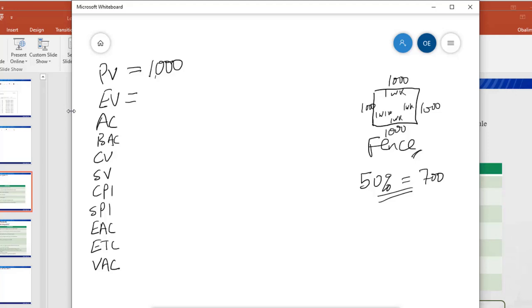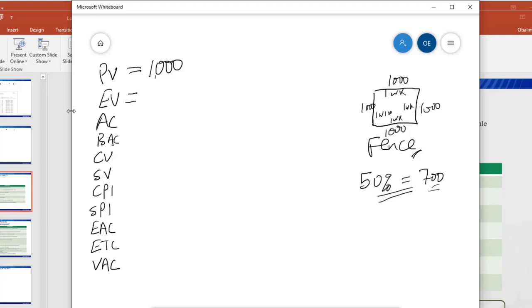But don't forget, we had already said that a side will cost us $1,000. So it means that if they do half the side, they should be spending about $500 and not the $700 which was spent. If we assume an even pace of work, since they did half the side, they should spend 500.